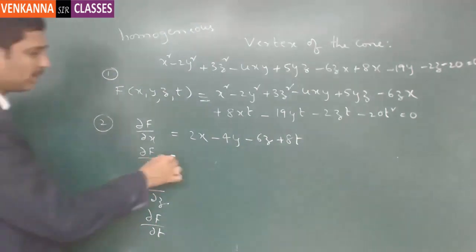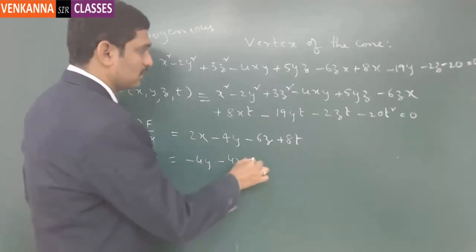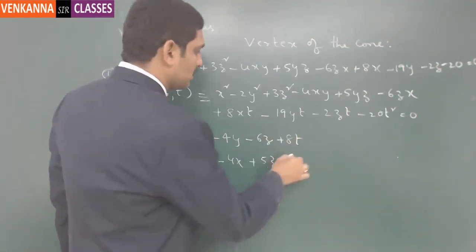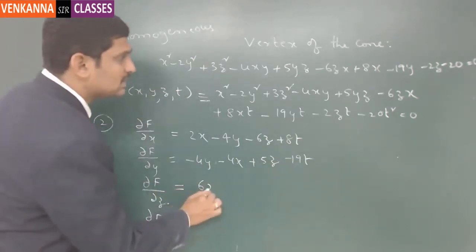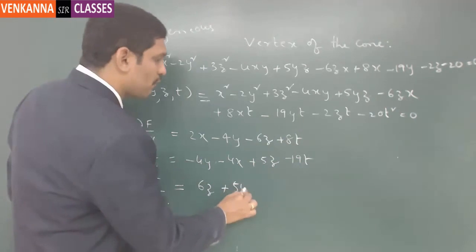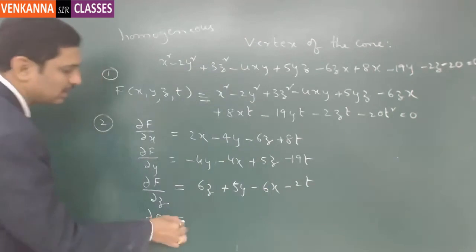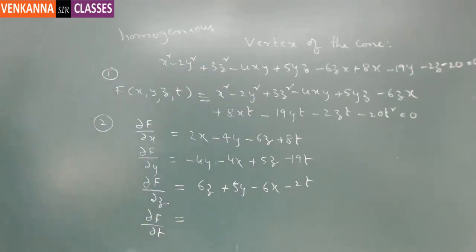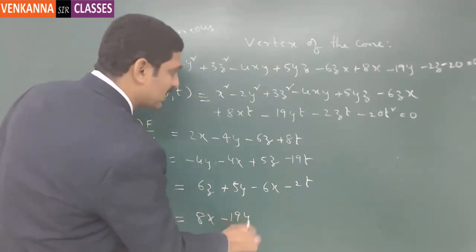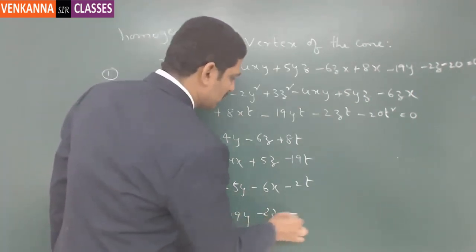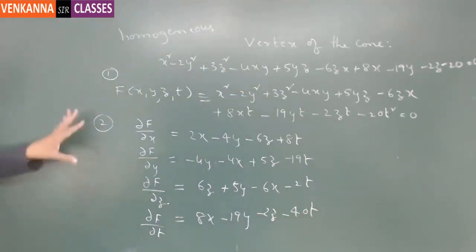With respect to y, minus 4y minus 4x plus 5z minus 19t. With respect to z, 6z plus 5y minus 6x minus 2t, and with respect to t, it will be 8x minus 19y minus 2z minus 40t. Are you clear with these values?